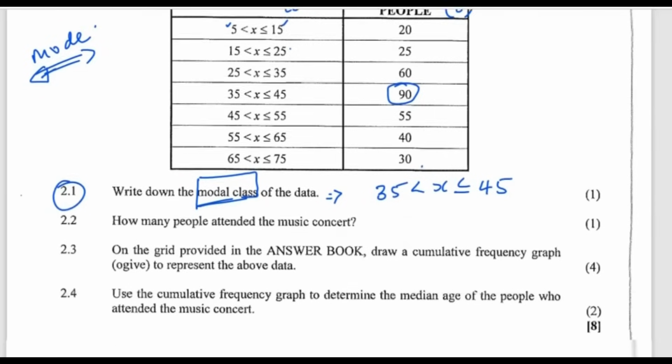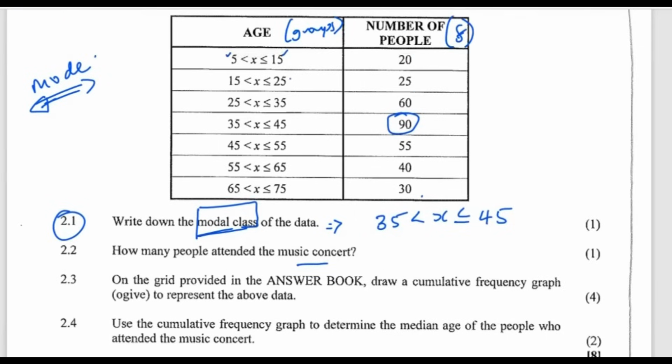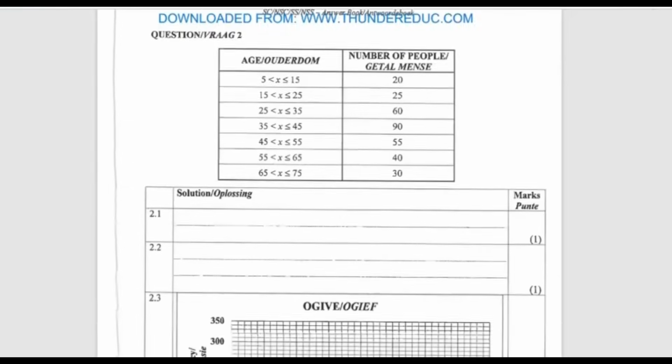Then 2.2, they want us to get how many people attended the music concert. So all we need to do is just add up all those numbers. I'm just going to add up those numbers very fast.